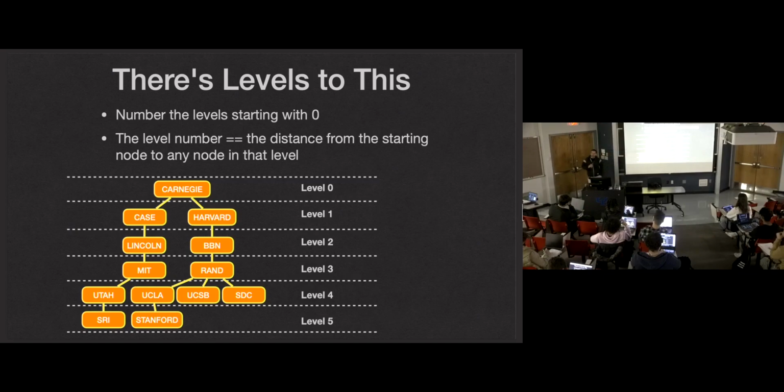Guaranteed by the algorithm. This is a very nice, convenient property of breadth first search, that the edges that we travel to discover nodes will be part of the shortest path from the starting node to that node. So we can run breadth first search and get our distance information, which is what we're after. So that's really convenient.